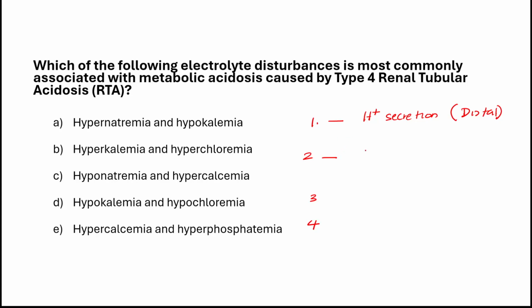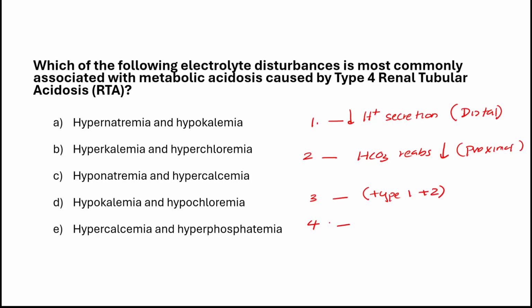Type 2 is in fact the reduced bicarbonate reabsorption. Reabsorption is reduced. So this is more or less a problem that is localized to the proximal part of the renal tubule. And then type 3 is a combination of type 1 and 2, type 1 plus 2.